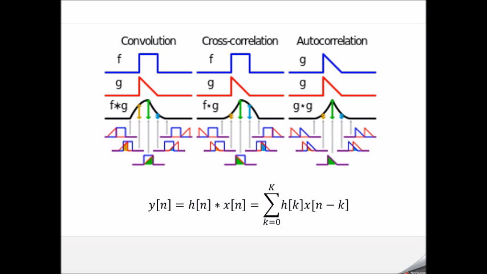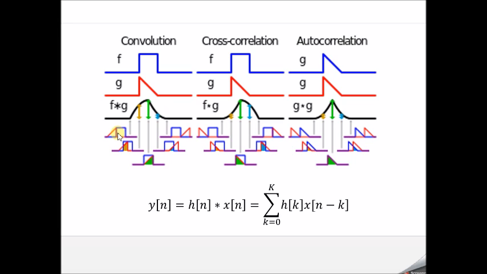So last week Stacy introduced the concept of convolution, and convolution will be really important when thinking of filtering. So to refresh your memory, convolution is here on the left, where if we have two signals and we convolve them, then what we're doing is essentially time reversing one of them, in this case the red triangular signal here, G, and then scrolling that through the other signal to be convolved, F, the blue square.